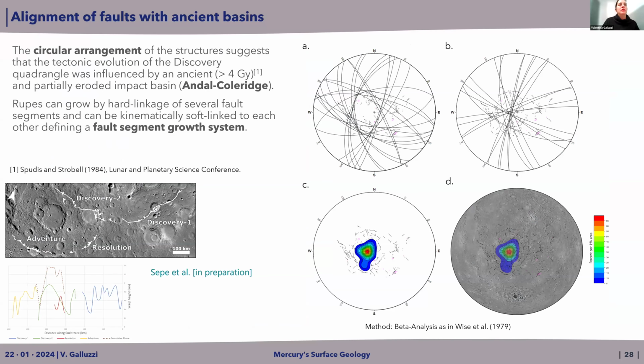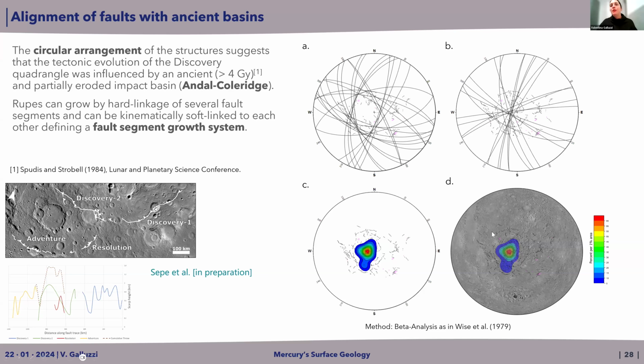This is one work from our group that I'd like to show you, just to say that faults not only follow geochemical terrains and global patterns of tectonic models, they in particular follow the discontinuities created by ancient impacts.